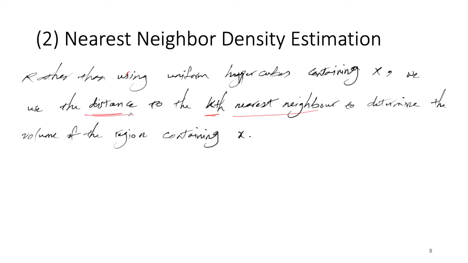So we use only the distance to determine the volume for the region. And that's why this approach is sometimes called k-nearest neighbor, or KNN. And this k comes from the number of nearest neighbors you want to take into account. So that's a hyperparameter as an input for this model.